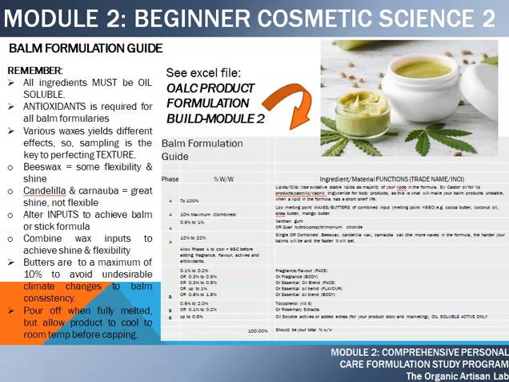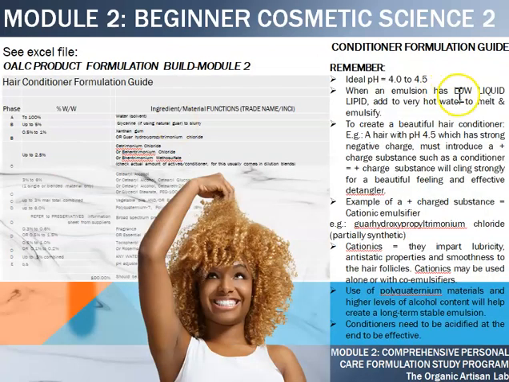And then before we end, here's another one, a conditioner formulation guide. Remember, the ideal pH for our conditioner is 4 to 4.5. When an emulsion has low liquid lipid, add to very hot water to melt and emulsify. You'll see that later in one of the videos that I created for you.